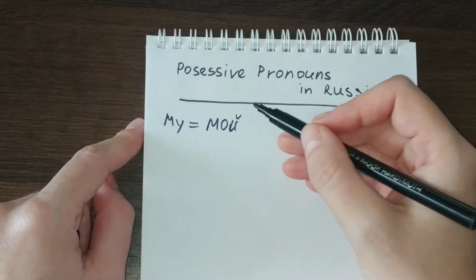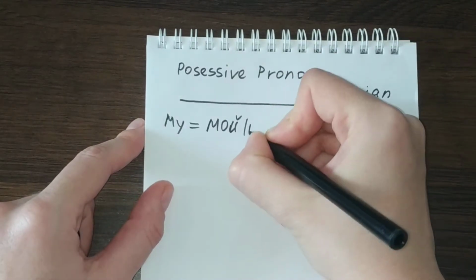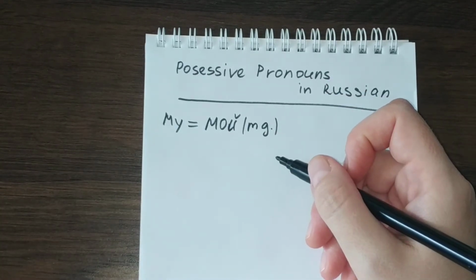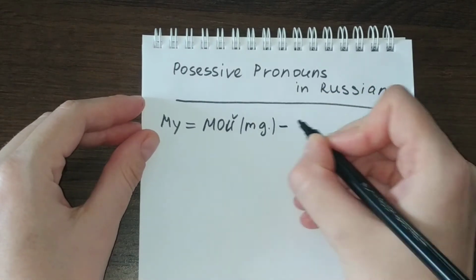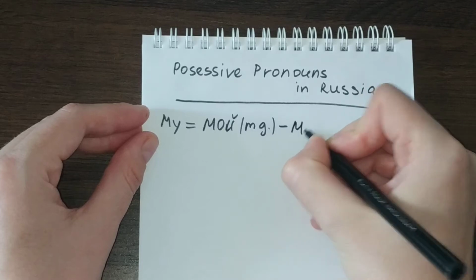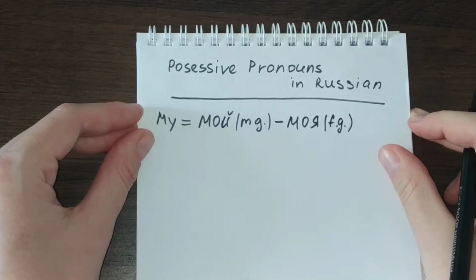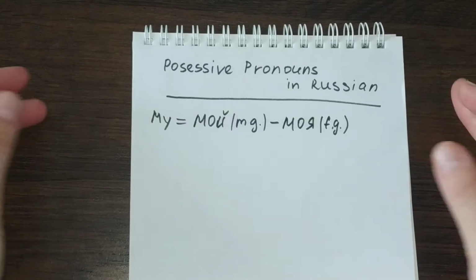And this pronoun мой is of a masculine gender. It can be used with nouns of the same masculine gender. So there's also a feminine gender equivalent, which is моя, which is also my, but it is used only with the nouns of a feminine gender.